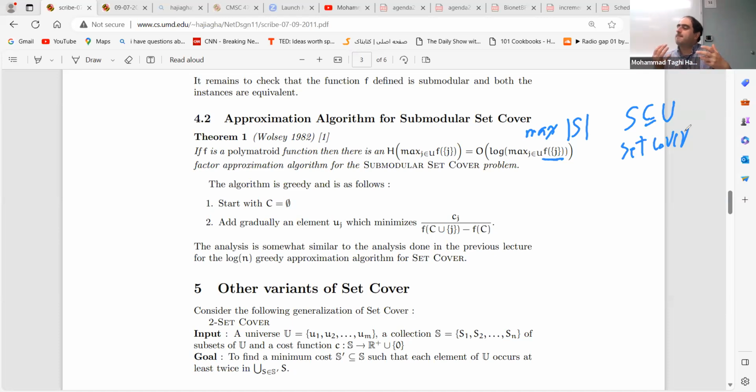For example, the vertex cover problem is a special case of set cover.